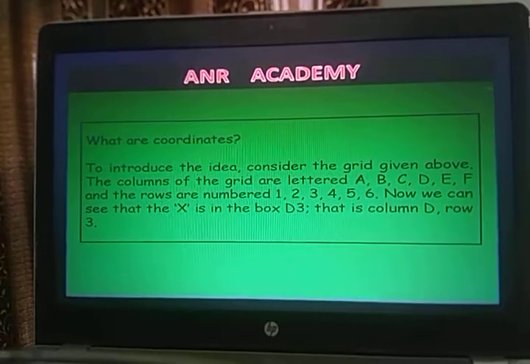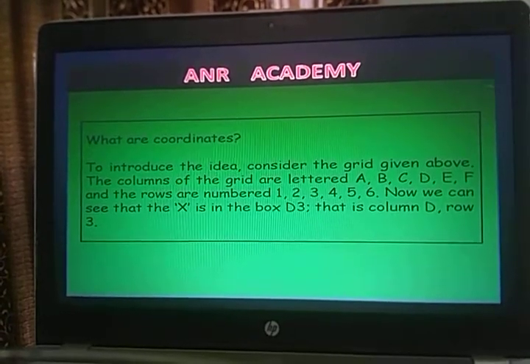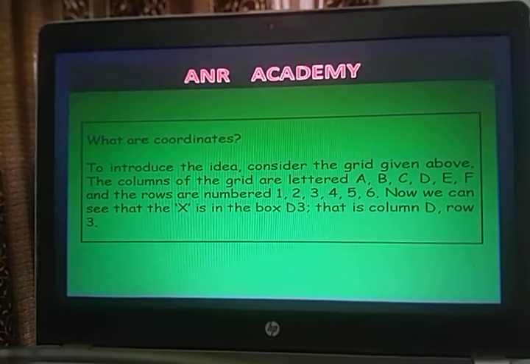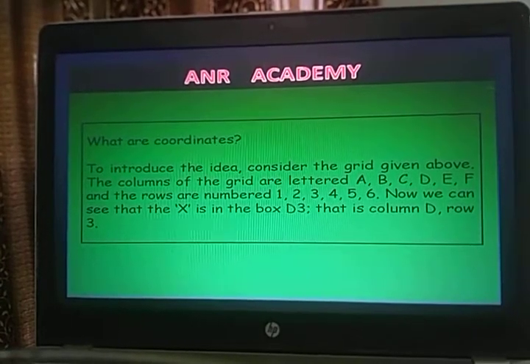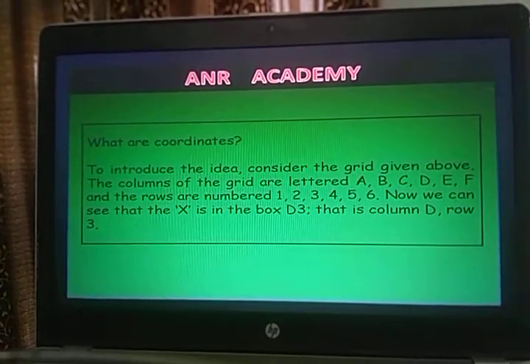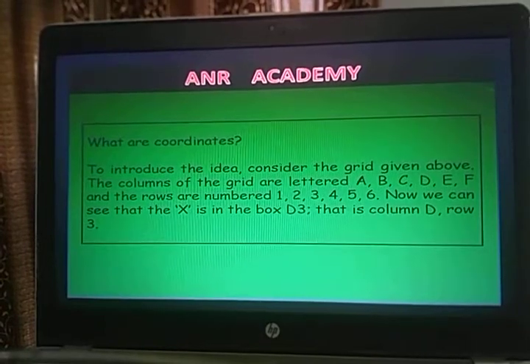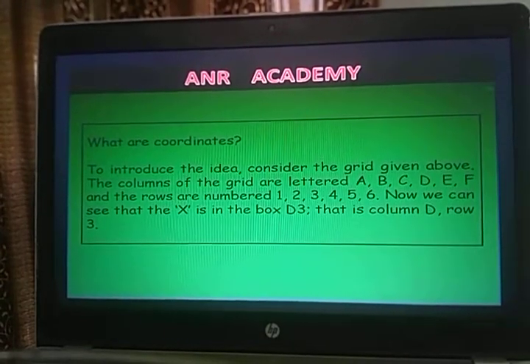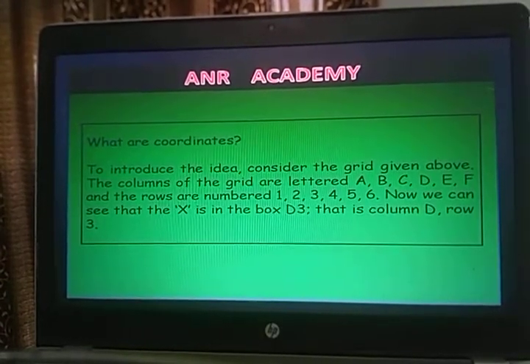Clear? So now, what are coordinates? To introduce the idea, consider the grid given above.